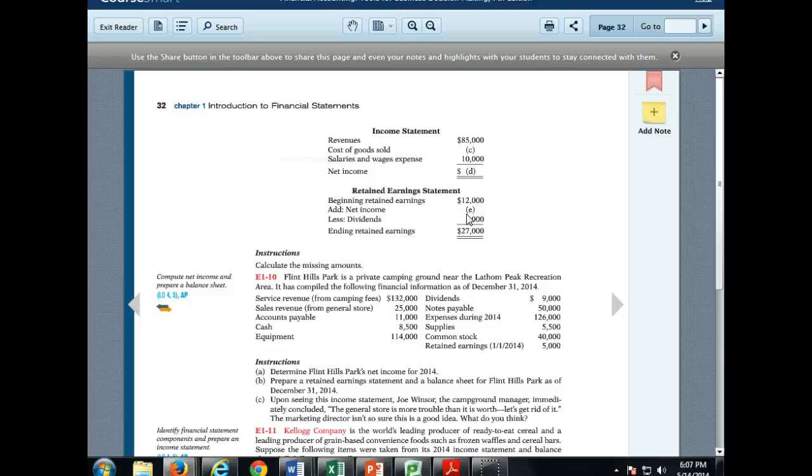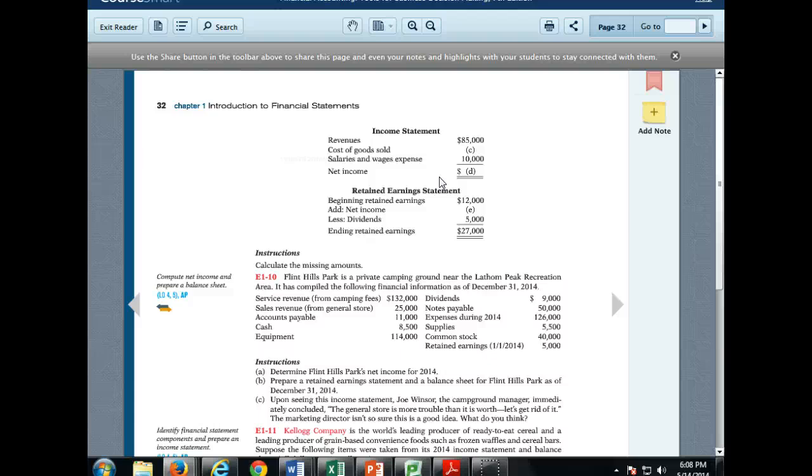When you look at all these, it almost feels overwhelming. Where do I begin? But we know that you normally start the financial statements. What's the first financial statement we're going to start with? The income statement, because with the income statement, we have our revenues and our expenses to come up with our net income.